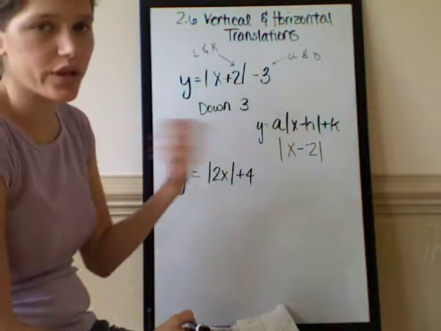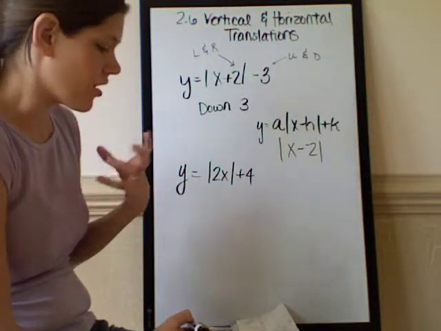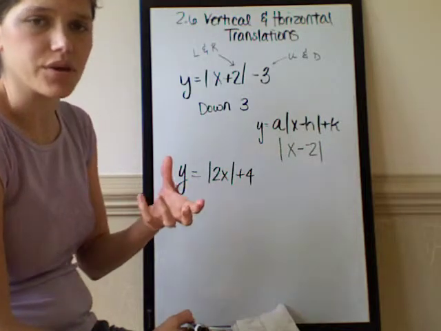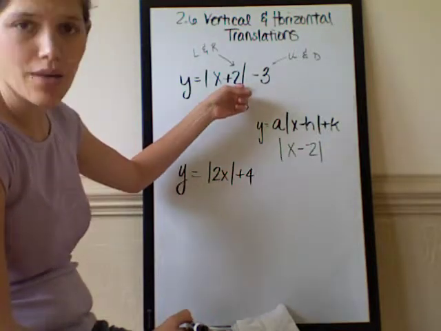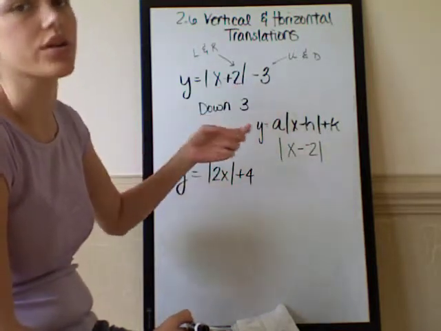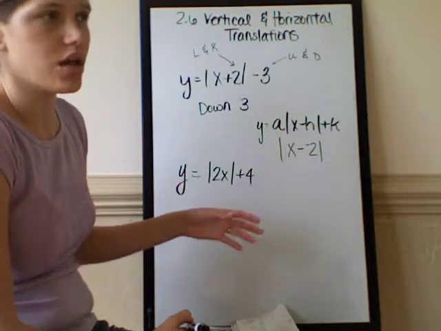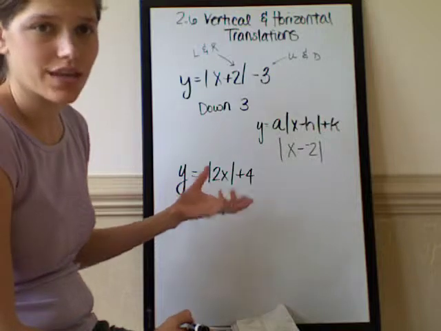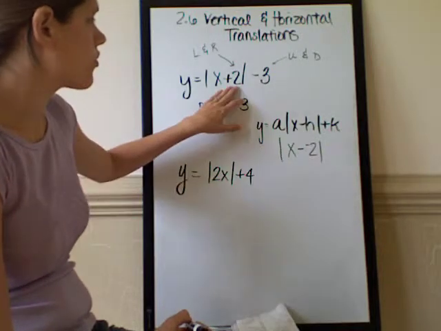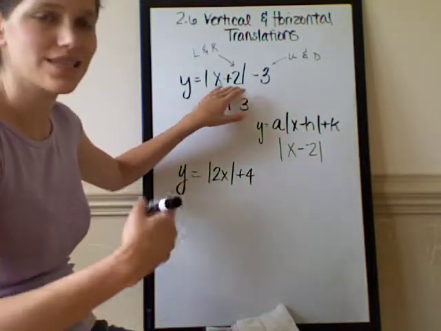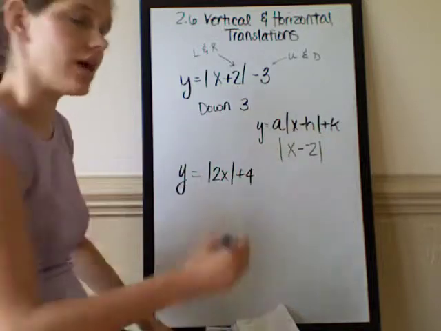Just like when you were pulling out your vertex on the graphing part, you had to take the opposite of whatever was in here. That's very important, and you're going to continue to see this in multiple different kinds of graphing in this classroom. So the +2 really means a -2, so that means to the left 2.